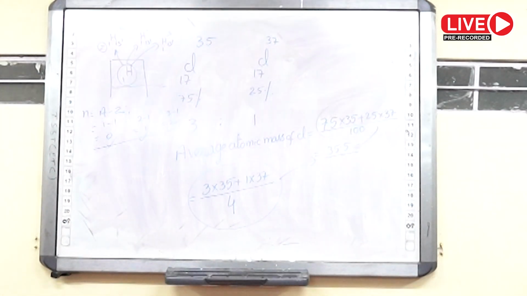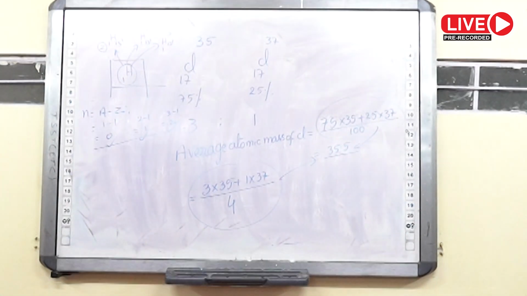Like that we can separate isotopes by taking the difference in the rates of diffusion.